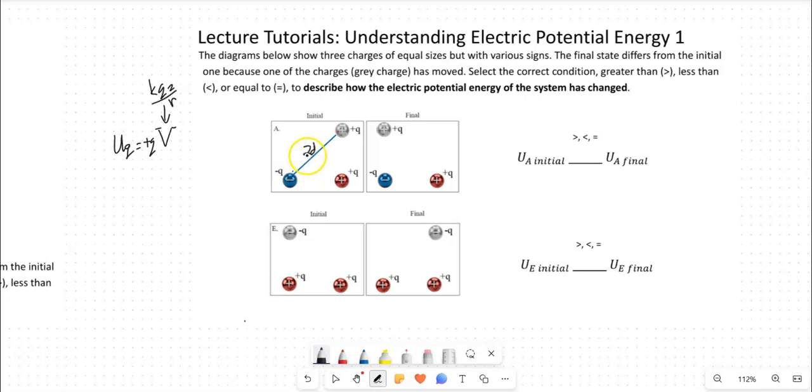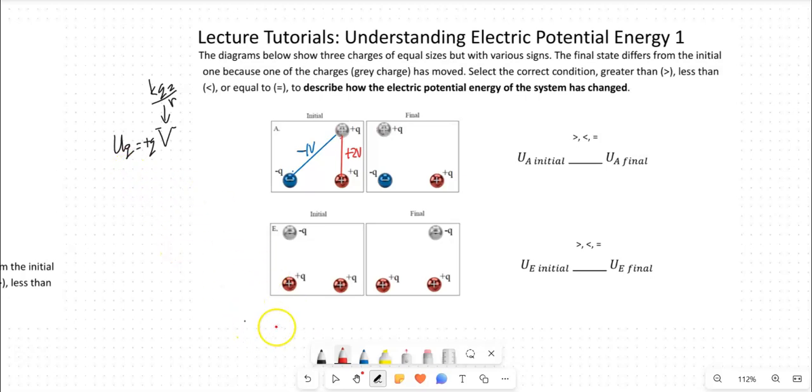So this is going to point out like a negative, we'll just tie a number to this. So this is like a negative 1V. However, this positive charge is so close, we could just call that a positive 2V. Okay, so overall you could see that the initial potential here is going to be a positive voltage, right?